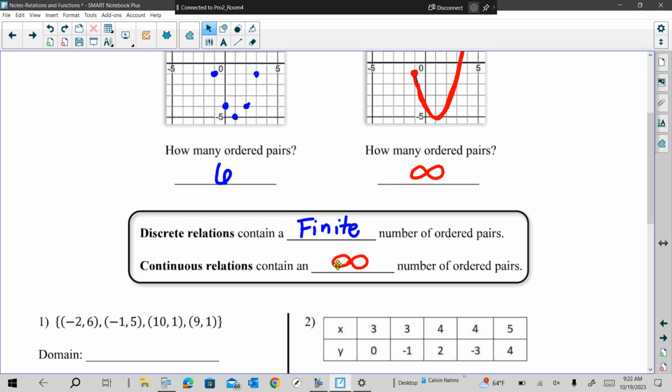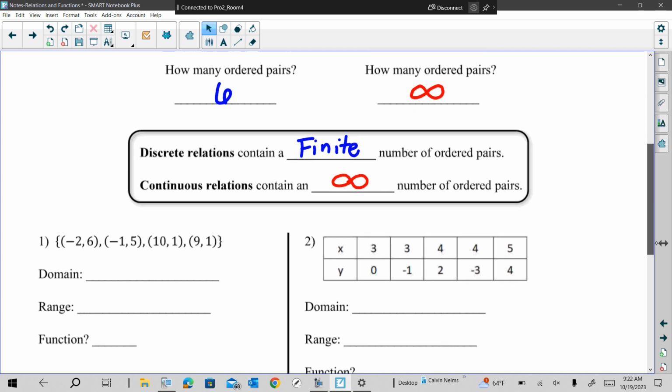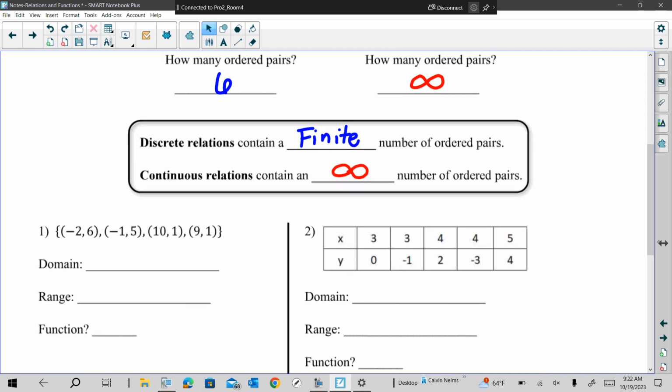So we're going to ask you to determine domain and range. Here's how we're going to show it to you. Your domain, guys, what values represent the domain? Go back to the front page.